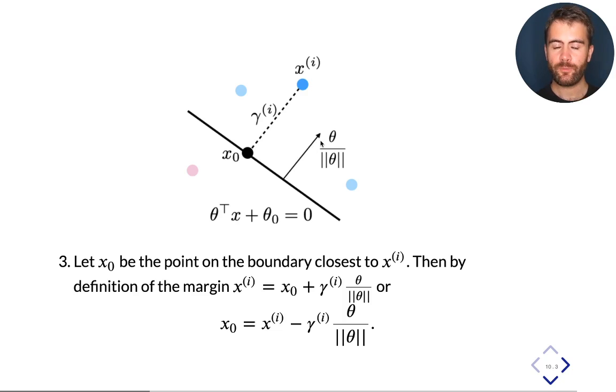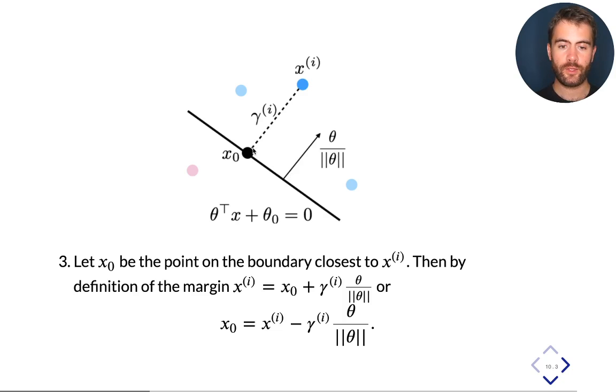And in particular, this dashed line, because this is the closest line between x and the hyperplane, has to be perpendicular to the hyperplane, and in particular, it has to be along the direction of this vector.